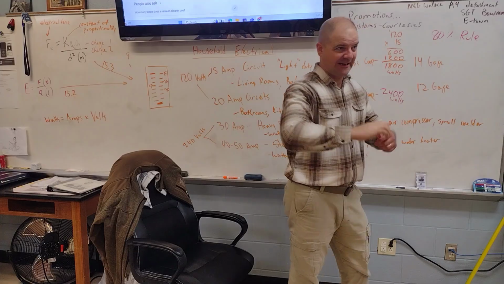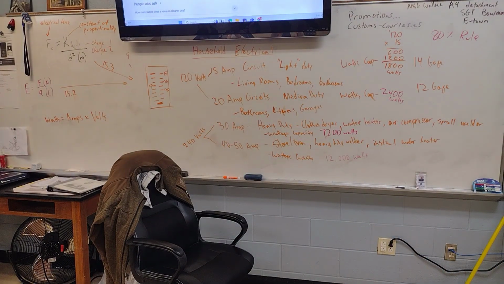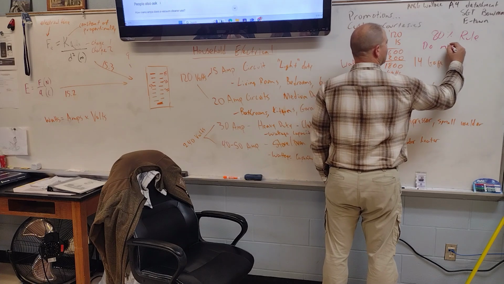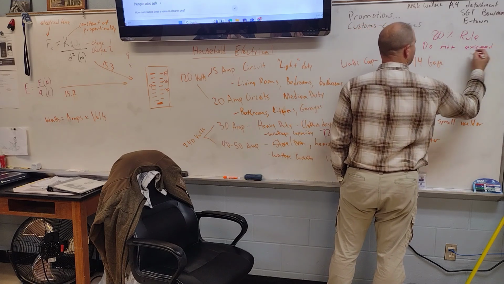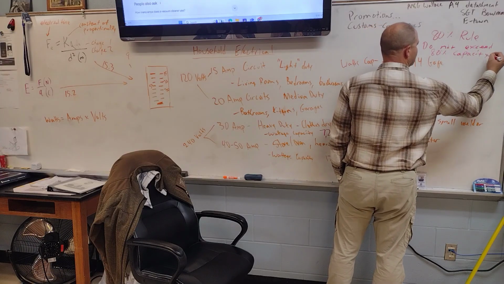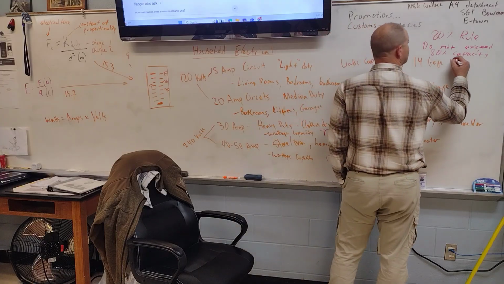In electricity, the 80% rule, let me check my camera, make sure I'm all the way over there, yes? The idea is do not exceed 80% capacity in an electrical circuit, full time.